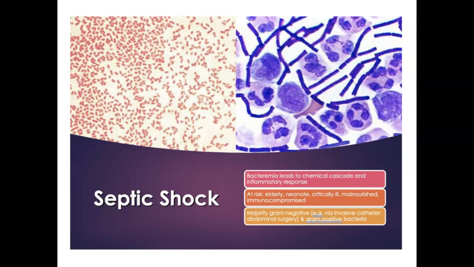And so this is bacteremia, which leads to a chemical cascade and inflammatory response. And so you get this severe vasodilation, increased capillary permeability, and the most at-risk individuals are elderly, neonates, the critically ill, the malnourished, and the immunocompromised.